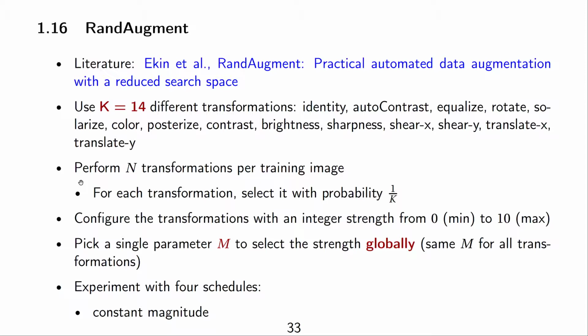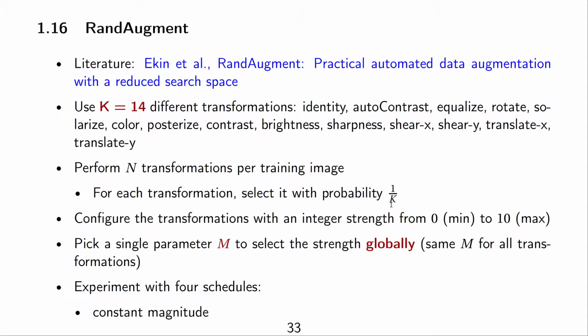And then they perform n transformations per training image. Now, n is a hyperparameter of this method, RandAugment. And each of these transformations is selected with probability 1 divided by k.